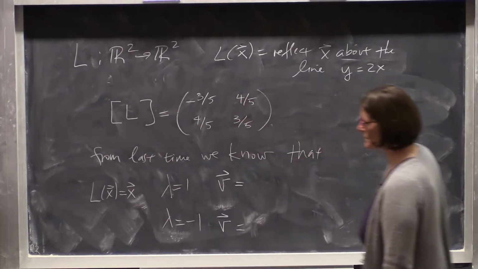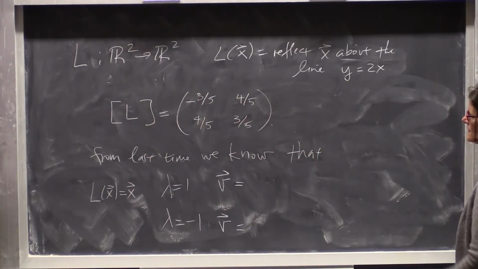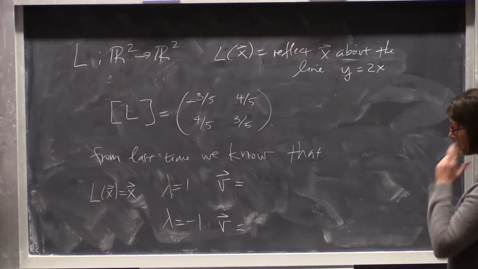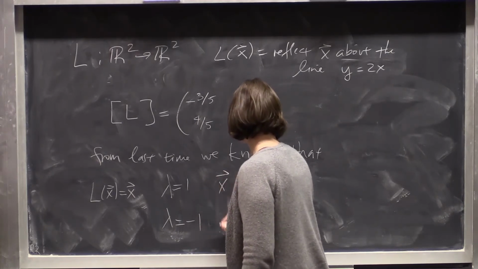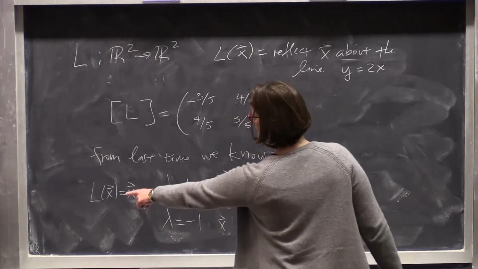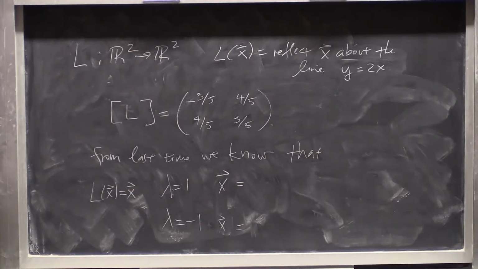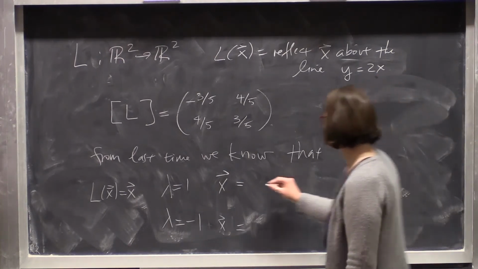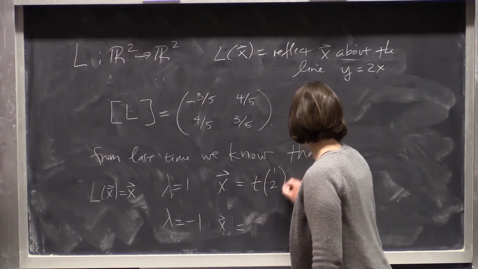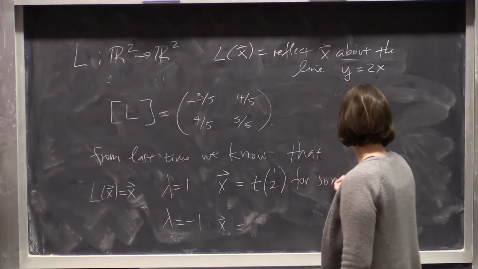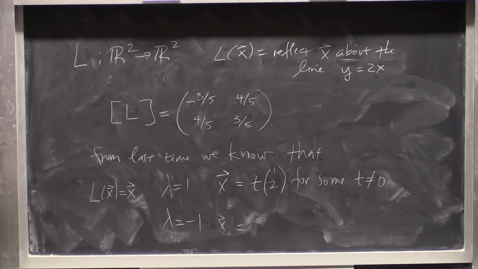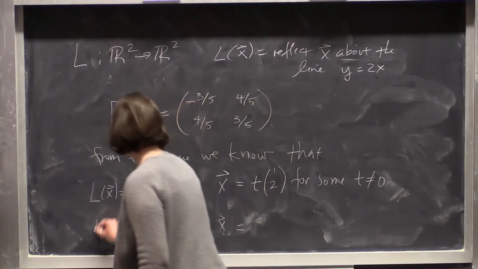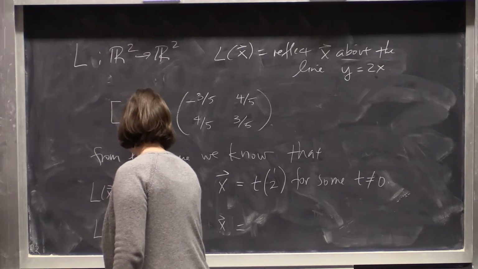That's the eigenvector problem you're trying to solve. A vector which is unchanged by this action would have to be a vector which is on this line. So x is t times (1, 2) for some non-zero t. There are infinitely many eigenvectors. For lambda equals -1, an eigenvector is a vector so that you get sent to your negative.